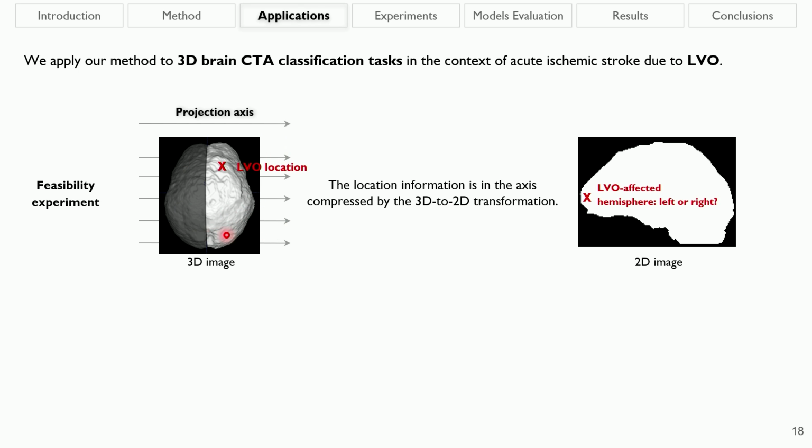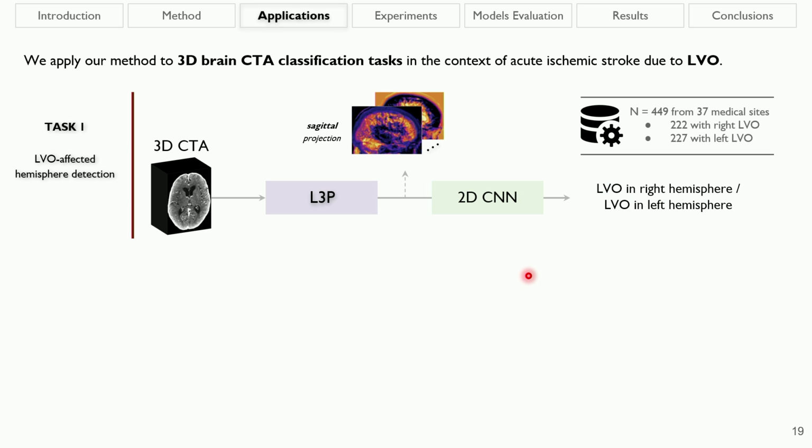So we have our 3D image and we project it into the sagittal plane. Thus, the information right or left is in the compression axis. We treat this as a feasibility experiment, since the only way to solve this is by using a projection module able to encode the 3D information.